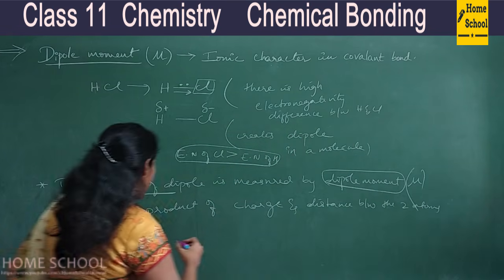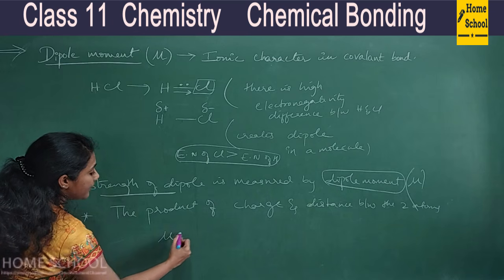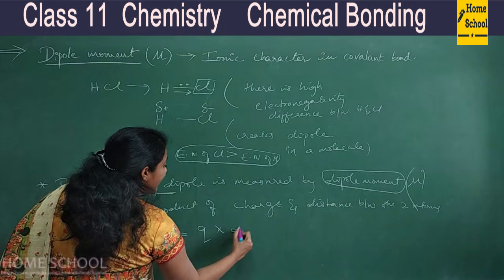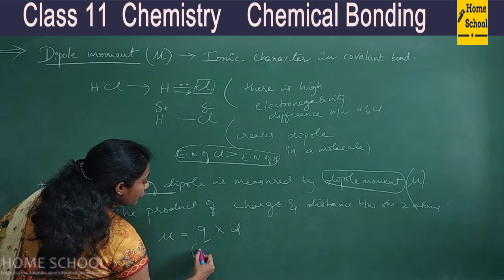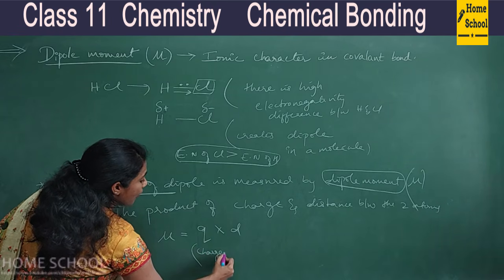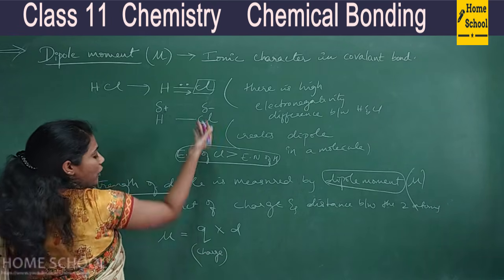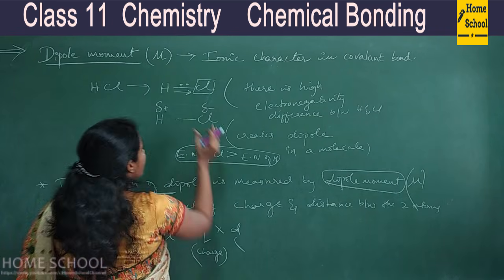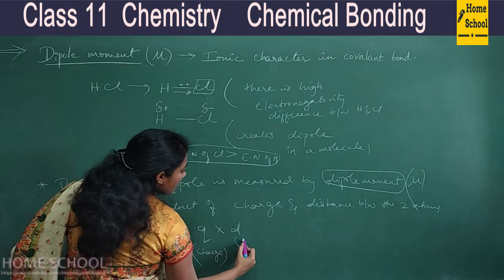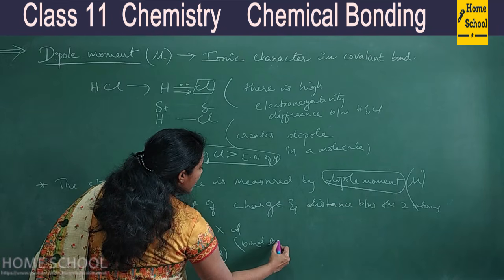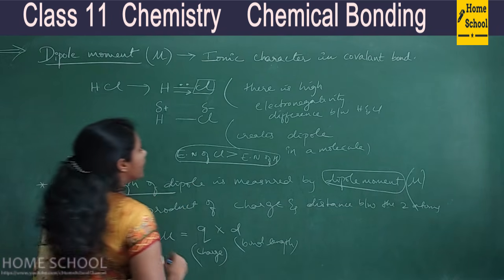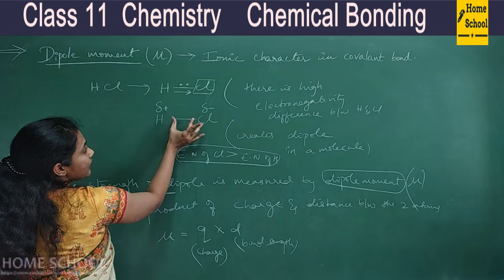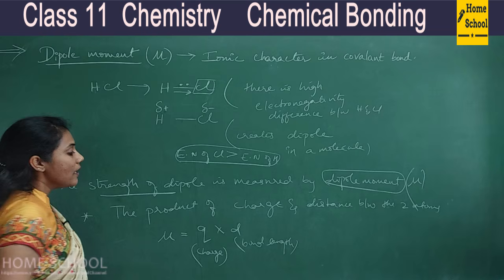So this is the formula we write: nu is equal to charge Q into D. So what is Q here? Q is nothing but the charge of the atoms, and D is the distance between the atoms. So distance between the atoms is nothing but what? Bond length, right? Bond length is the distance between the two atoms.